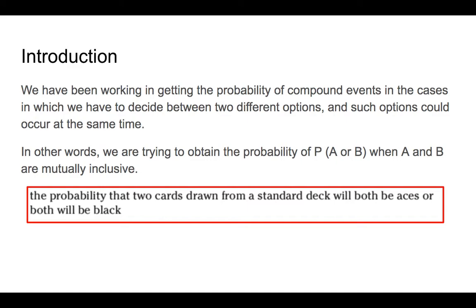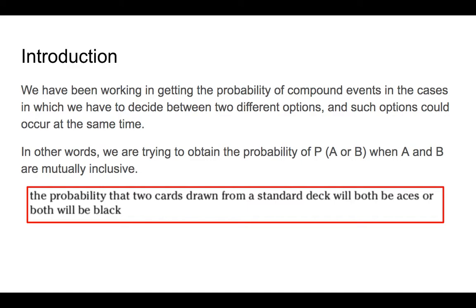Probability of A or B is, for instance, what we need in a problem like this one. The probability that two cards drawn from a standard deck will both be aces or both will be black. So one of the characteristics is both are aces. That's an event A. Both will be black.